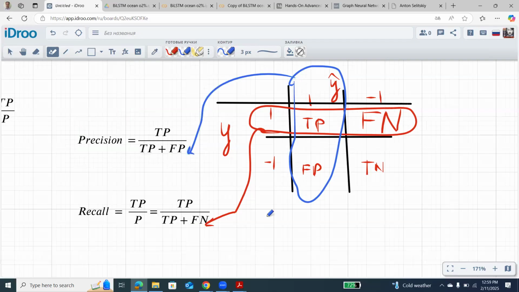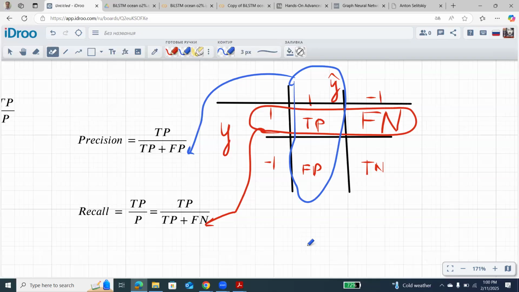So we divide the total number of correct guesses by the total number of data that our model predicted as class 1.